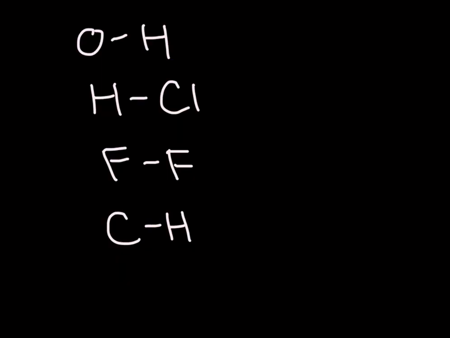Now let's test your ability to determine whether a bond is polar or nonpolar. Here we have a few examples of covalent bonds, and I'll give you a few seconds to solve them. Okay, so first we have an oxygen bonded to hydrogen, both being nonmetals, and first we have to determine their electronegativities.